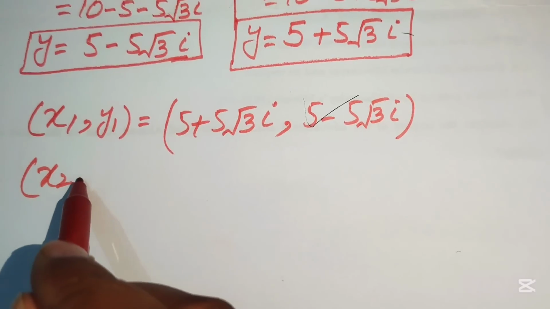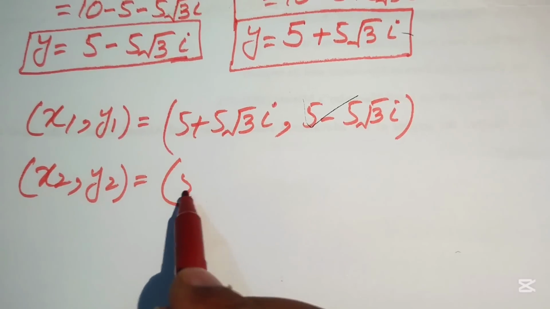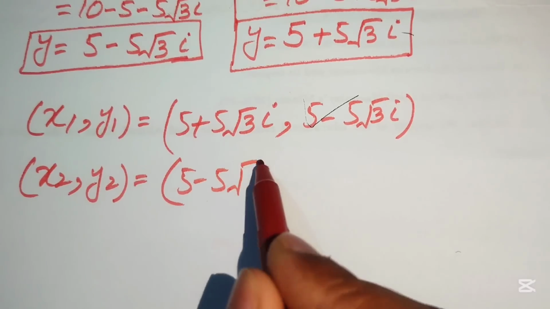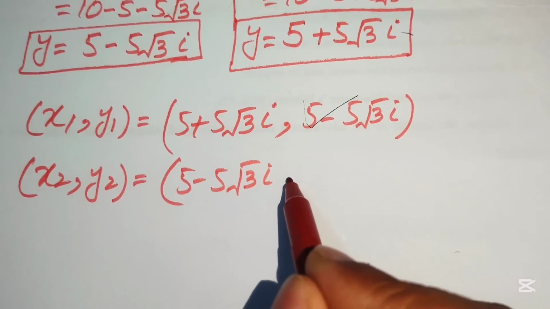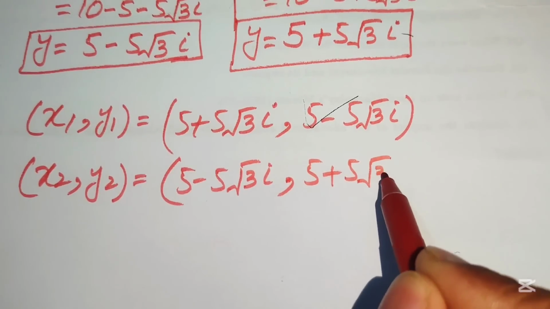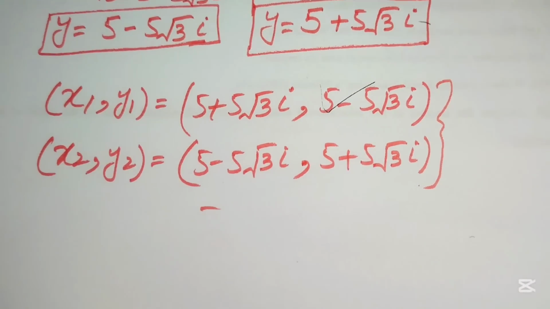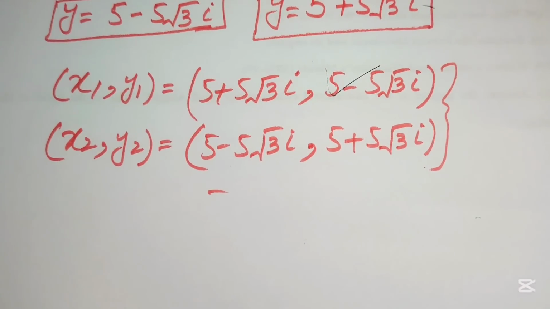Similarly, the second solution is x2 and y2, where the value of x2 is 5 - 5 times the square root of 3 iota, and the value of y2 is 5 + 5 times the square root of 3 iota. So these are the two solutions of the given equation, and this is the final answer.